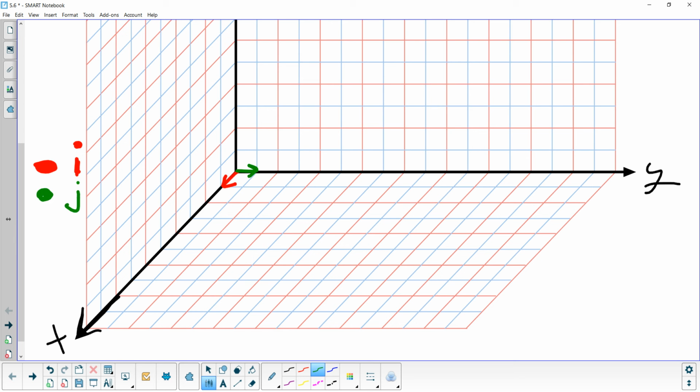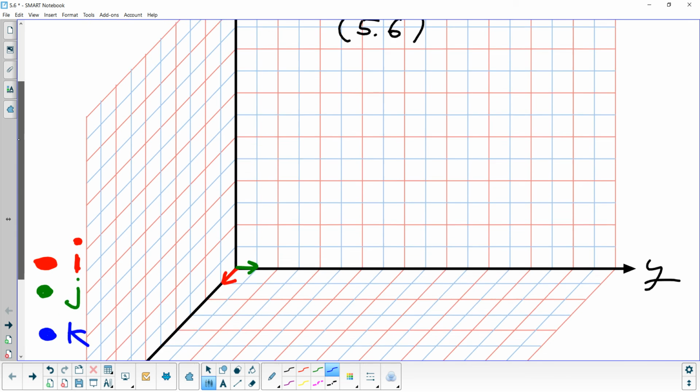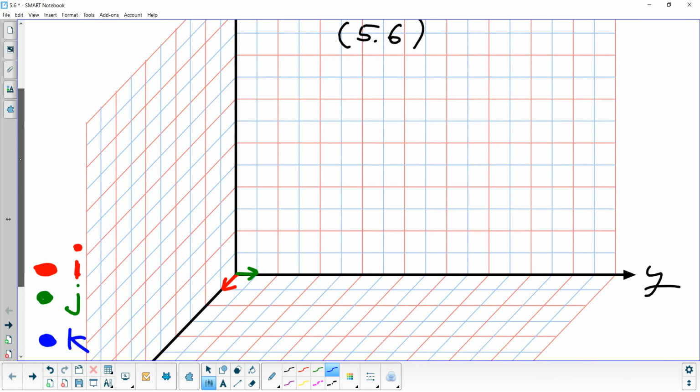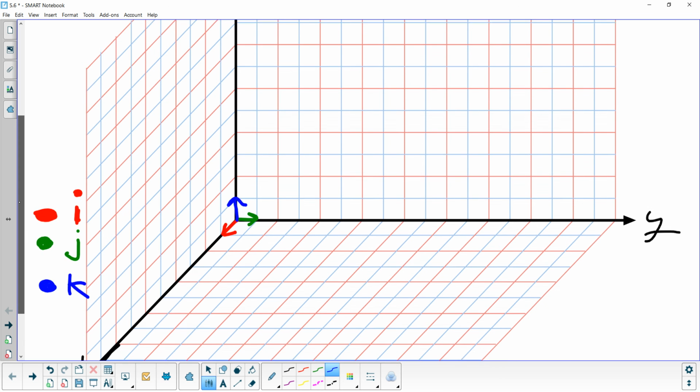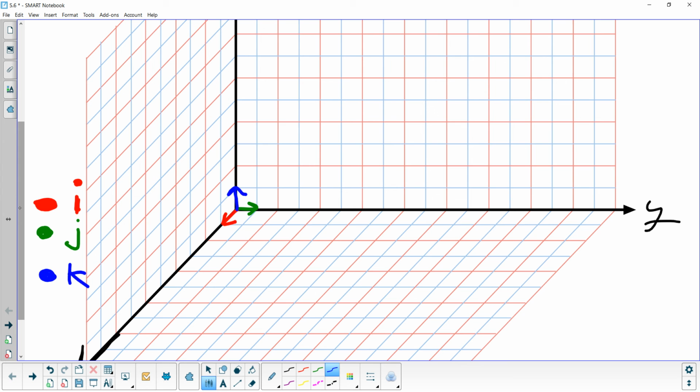We did these two before, I and J. The new one is K. K is a unit vector, 1 unit long, and it points in the direction of the z-axis. So there's a picture of I, J, and K in 3D.